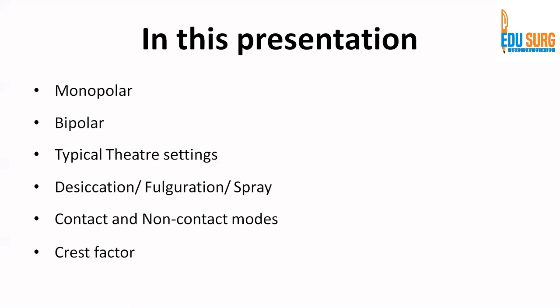So in the upcoming presentations, we will see different energy sources like LigaSure, Harmonic, ThunderBeat. I am sure you would have heard these exotic names. We will decipher each of them and we will make sure that we understand the devices that we use so as to avoid complications due to devices.